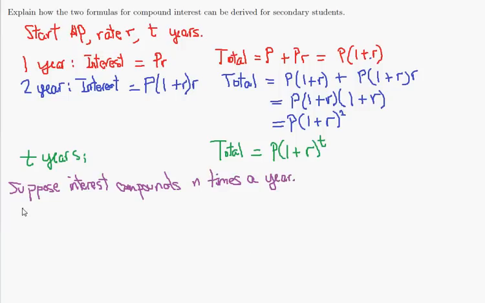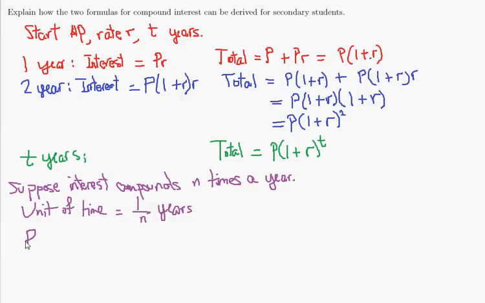Okay, so the unit of time would be equal to 1 over n years. So if you compound it twice a year, then we worry about a half year. If we compound it 10 times a year, we worry about a tenth of a year.